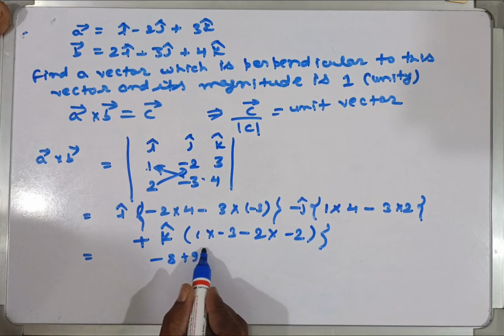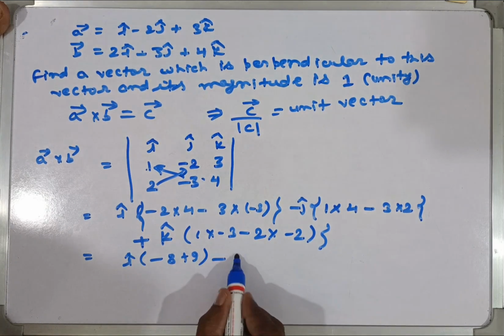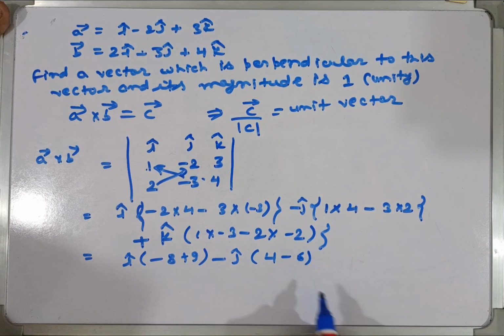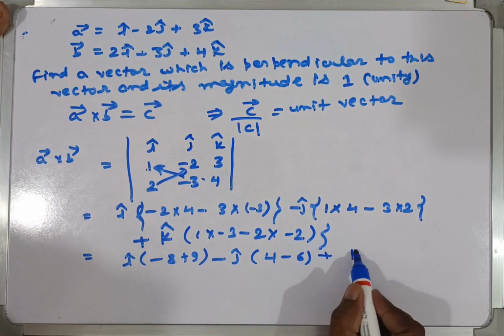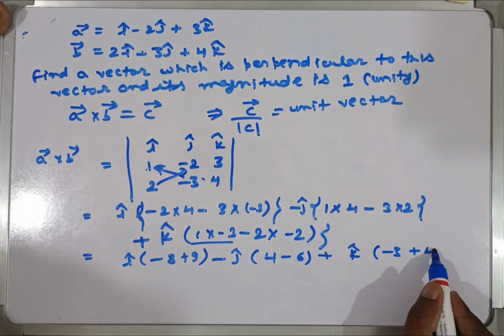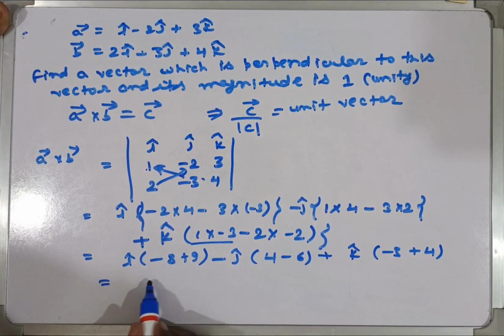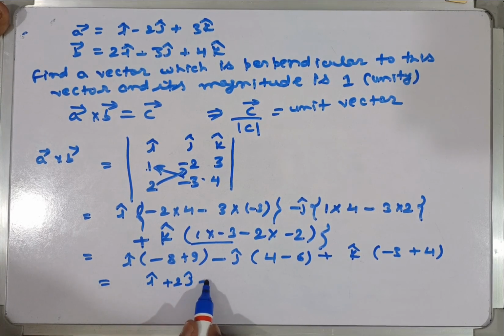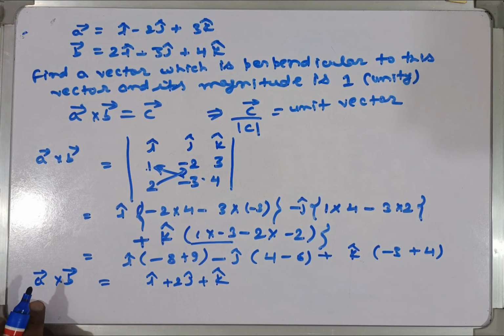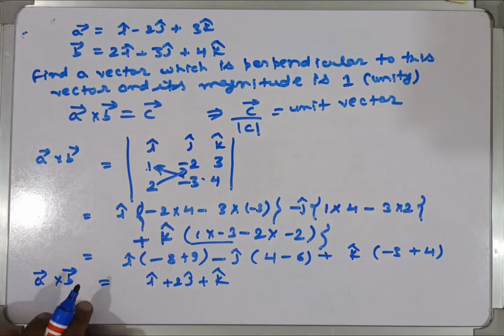Minus 8 plus 9, this is the i vector, this is minus the j vector, this is 4, this is minus 6, and this one will be the k vector, this one minus 3, and this one plus 4. So this one will be i cap, this one will be 2j, and this one will be k cap. So this is the cross product of the two vectors. So what will be the magnitude?